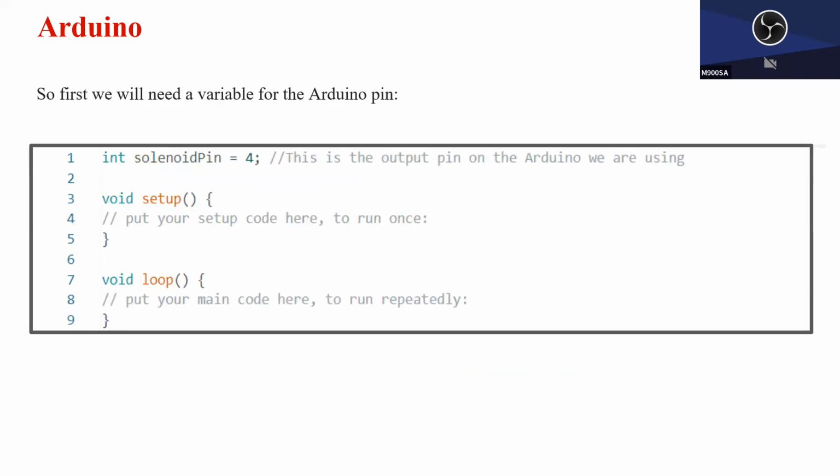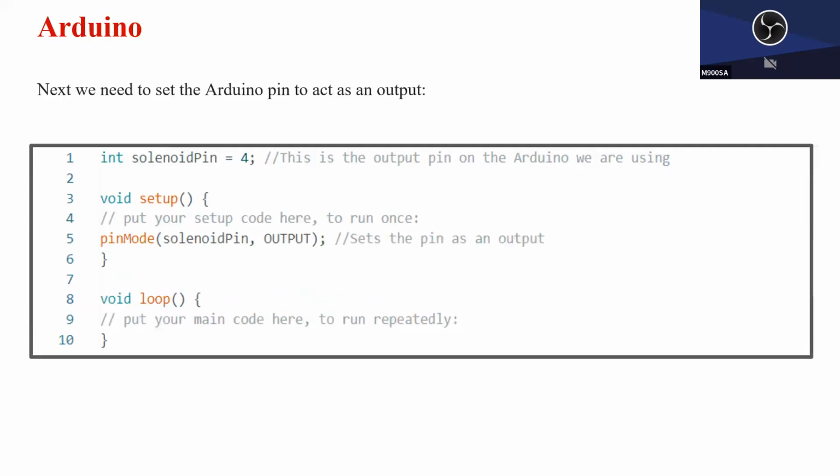As you can see from my PPT, I have assigned pin number 4 on the Arduino board to the solenoid. Since I assign it here, I need to put it into the setup.